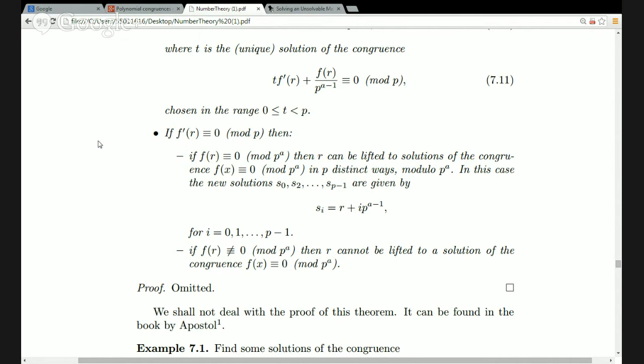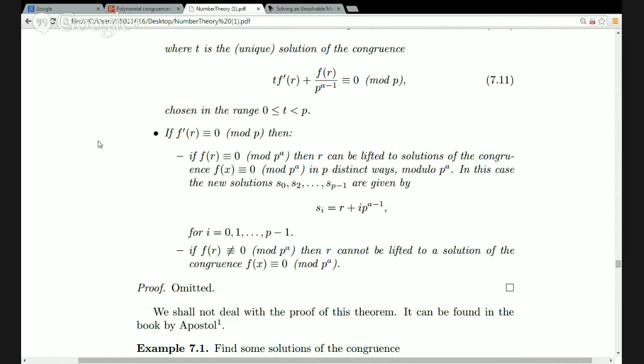It doesn't correspond to any solution upstairs. So that test is based on the value of f of r modulo p to the a. And here, the typical situation is when f of r is non-zero modulo p to the a. So I've jumped down to the second case. In that case, the r cannot be lifted.